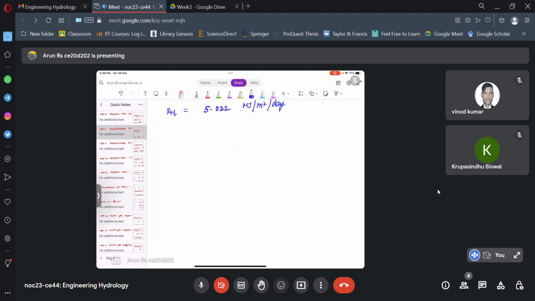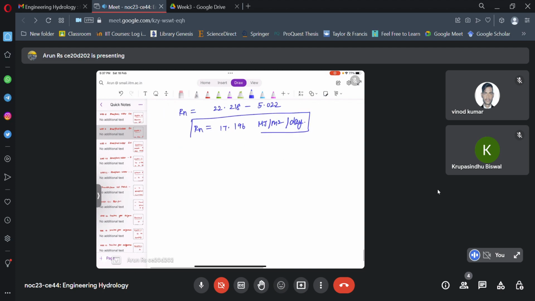So this RNL is only long wave in minus long wave out, which we saw in the first question. So your net radiation now is RNS minus RNL. Net radiation is 22.218 minus 5.022. Your net radiation is equal to 17.196 megajoule per meter square per day.